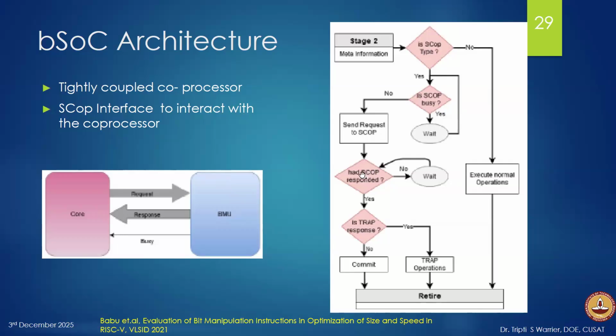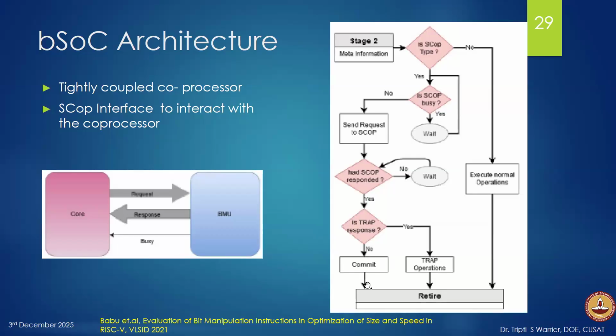Once the bit manipulation unit completes execution, it will provide a response, and that response will be catered to using a trap response. If it is a trap, then through the trap we retire the instruction. That is how it happens.